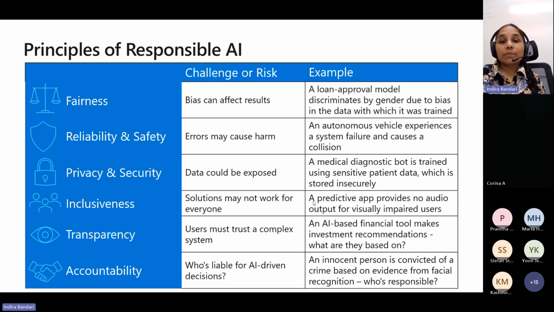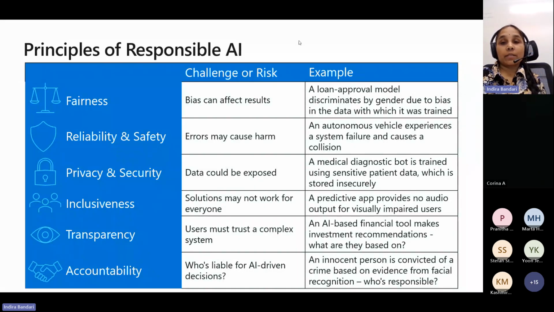Now, the next one is privacy and security. There is a lot of importance in privacy and security, particularly in the healthcare sector and also government organizations, where if data is exposed, then a lot of harm happens.